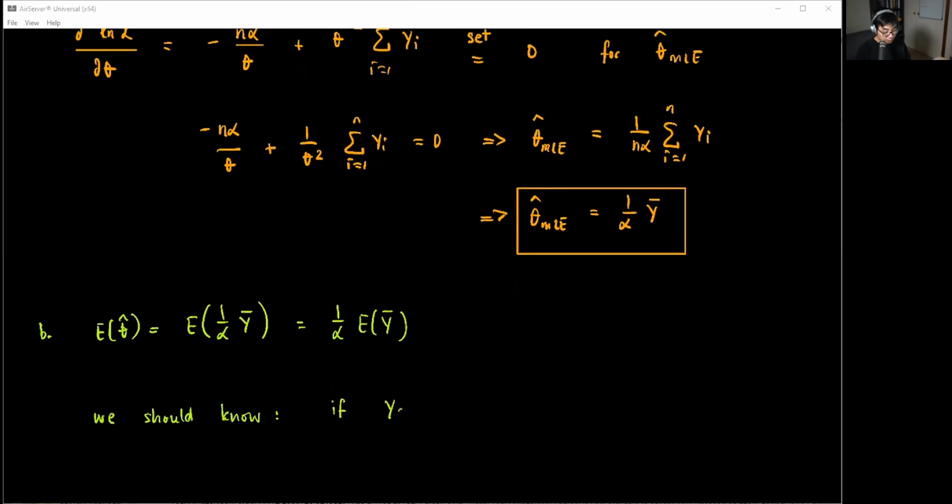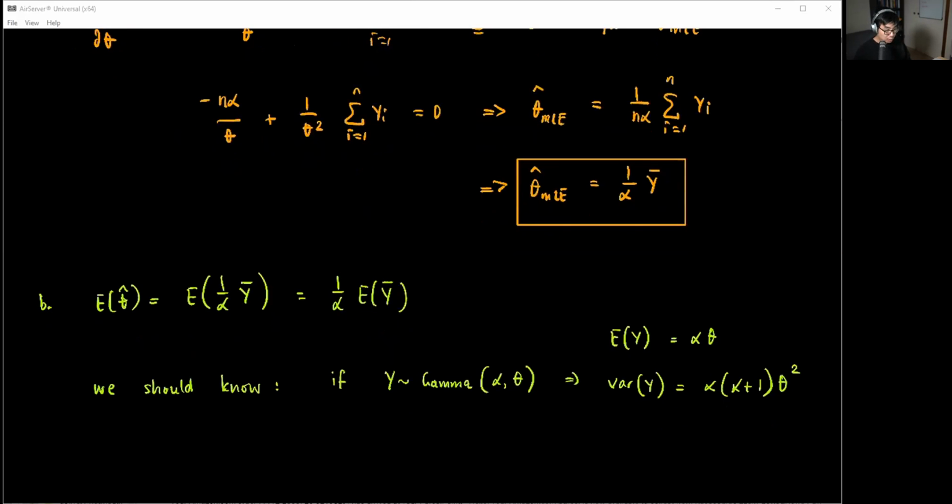If y is distributed gamma alpha theta, then we have the following results. The expectation of y is equal to alpha theta, and the variance of y is equal to alpha plus 1 theta squared. Okay, so you can usually look these up in your table of distributions. Okay, all right. Hang on, not quite. Alpha theta squared. My bad.